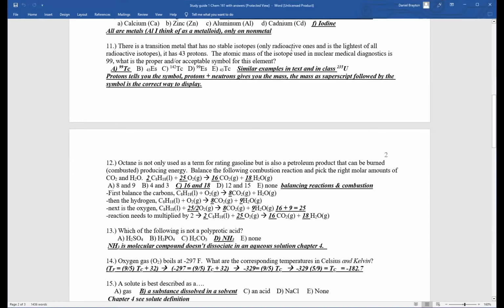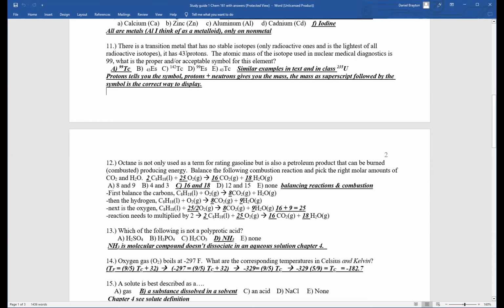So it's talking about the lightest of all the radioactive elements, which has 43 protons. That's this element called Tc, and it's used in medical diagnostics. So this doesn't exist on Earth. It's radioactive and it's decayed away.